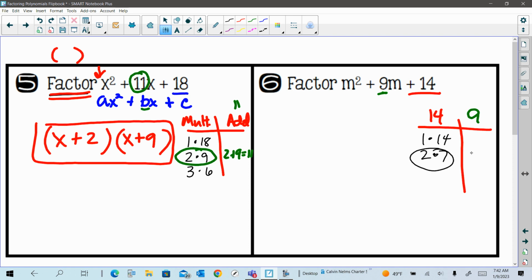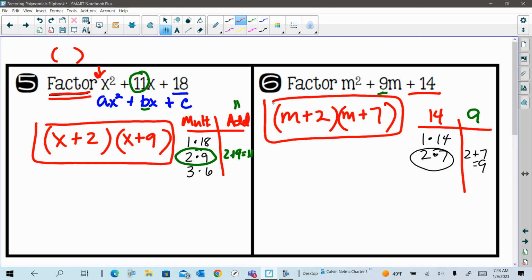The one that works is 2 and 7, because 2 plus 7 equals 9. So we're going to have m plus 2 and m plus 7. 2 times 7 gives me 14, and 2 plus 7 gives me 9. They have to hold both to be true.